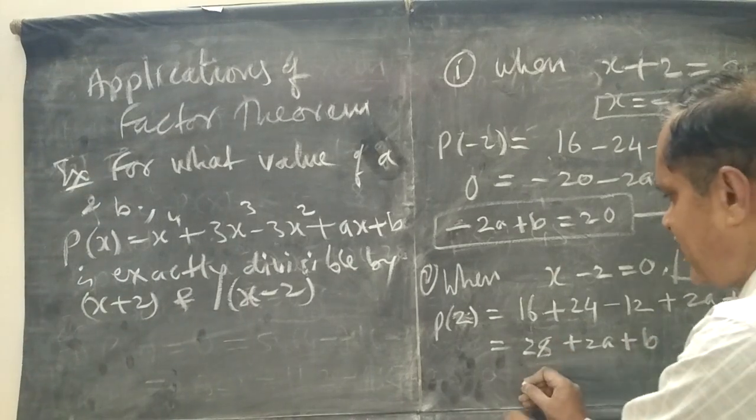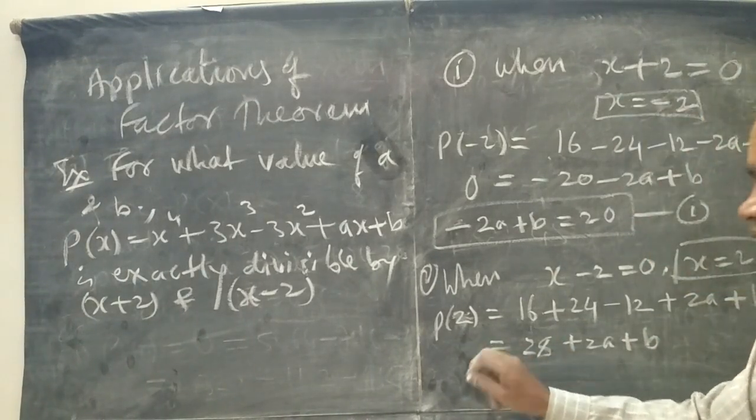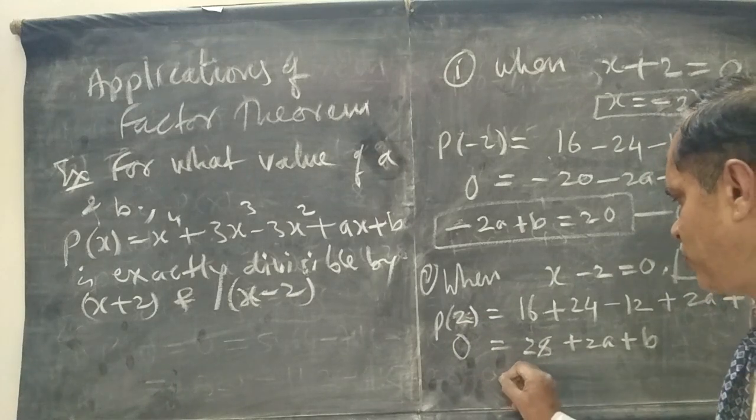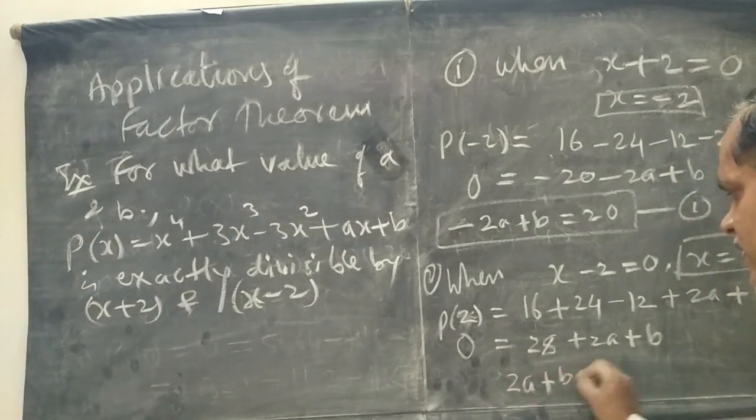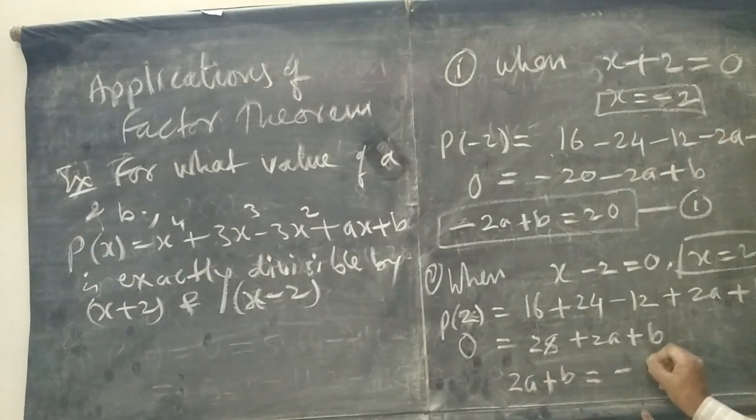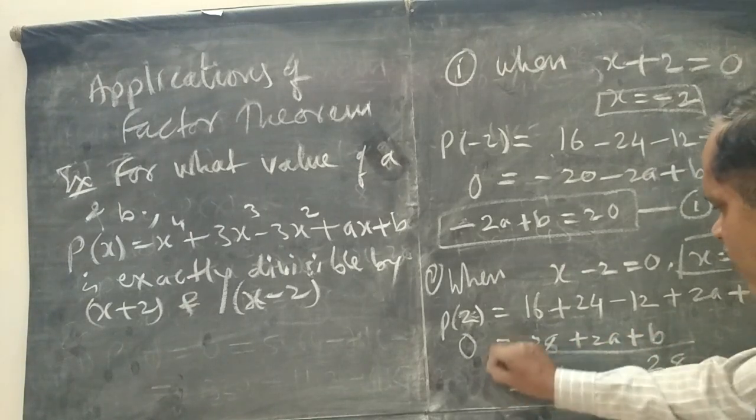So bring the 28 to this side, because p of 2 should be equal to 0. So you get 2a plus b equals minus 28. We got the second equation.